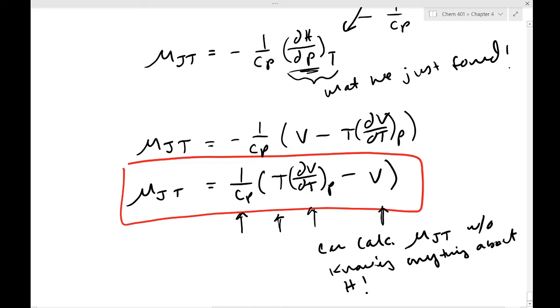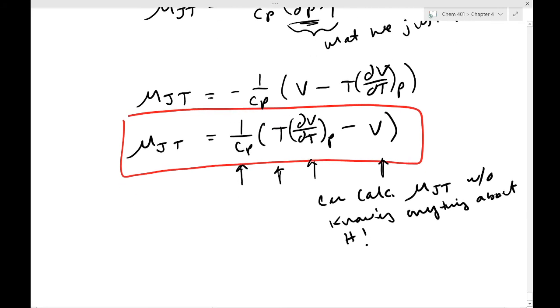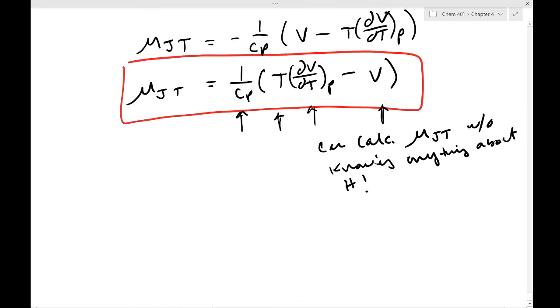We don't need to know H. We don't need to know P. We can keep P constant, look at the heat capacity at constant pressure, we know the temperature and the volume, and we can know the Joule-Thomson coefficient, which is pretty amazing. Okay, and this just gives you a small taste of how useful these Maxwell relationships really are.